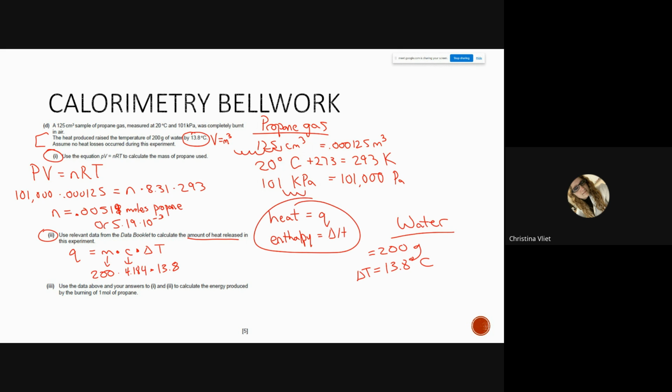It didn't say the temperature went from 20 to 13.8. Be careful. By means this is the change. I also got it wrong, I put 6.2. All right, so 200 times 4.18 times 13.8. What do we get from this?